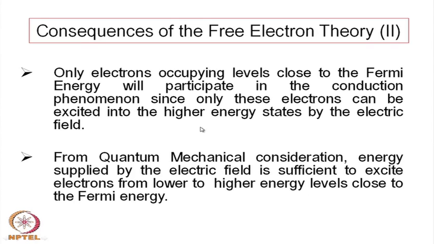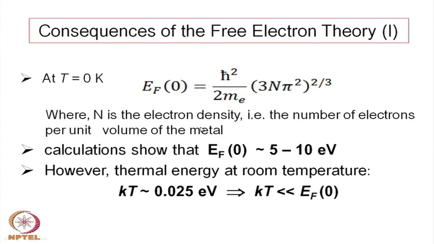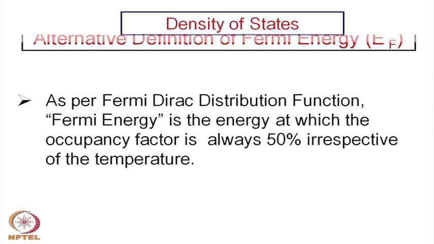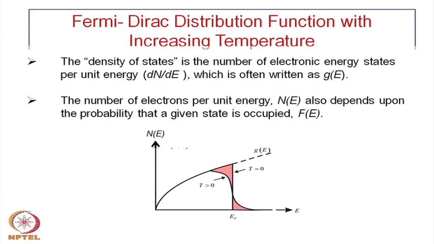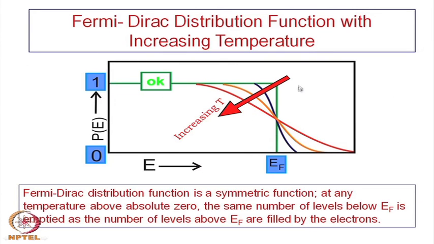Okay. So although we have also seen in the Fermi-Dirac distribution function that as temperature is increased, or more thermal energy is delivered to the system, electrons very close to the Fermi level get excited.